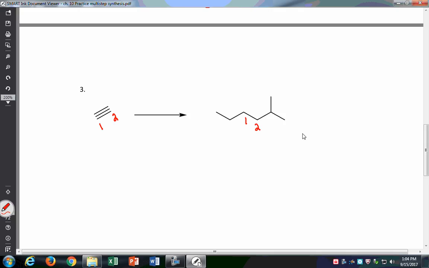Why can't this be carbon 2? If we called that carbon 1 and 2, we're forming a new carbon-carbon bond between carbons 2 and 3, correct? So that would mean we're taking carbon 1 and 2. And the only way we learned how to do this is by doing what?